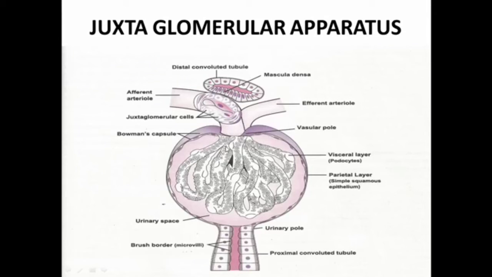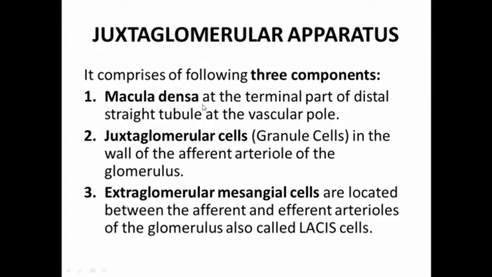The other component is the macula densa, which is in the terminal part of the straight part of the distal tubule, and these are the juxtaglomerular cells in the wall of the afferent arteriole. Okay. Now, the same things: it comprises the following three components: the macula densa, the juxtaglomerular cells, and the extraglomerular mesangial cells. These are also called the Lacis cells.